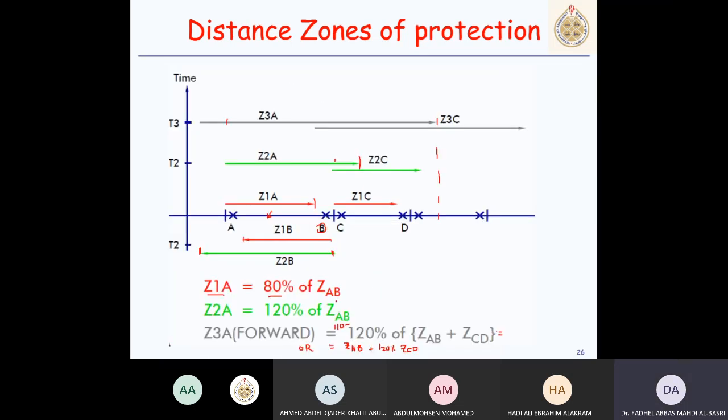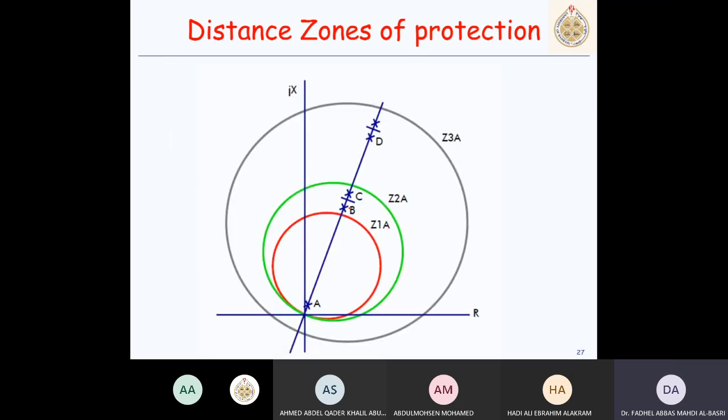If we look at these zones, this is point A and this is B, C, D. Now, zone 1 covers up to 80% of the line AB. Zone 2, if I am using the mho characteristic now, the green one, covers up to 120%. Zone 3, which is the gray circle, I use offset mode.